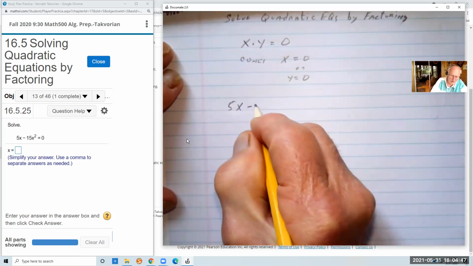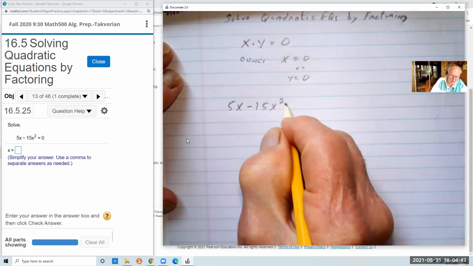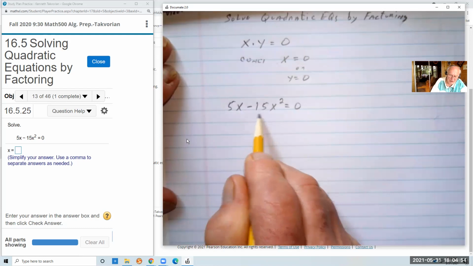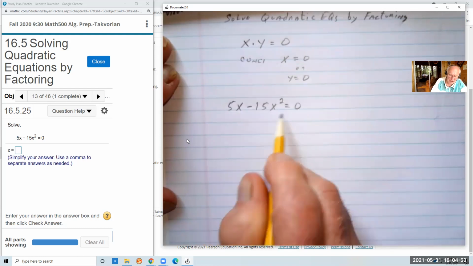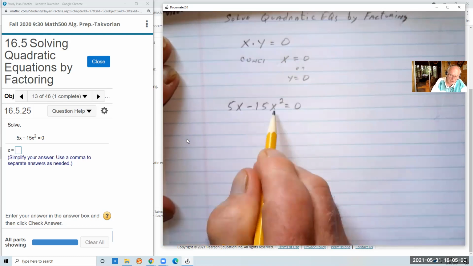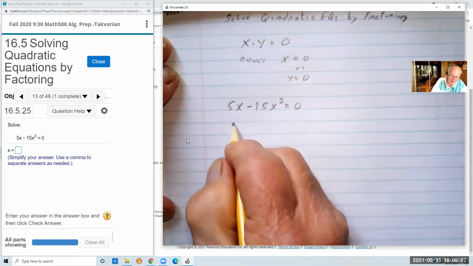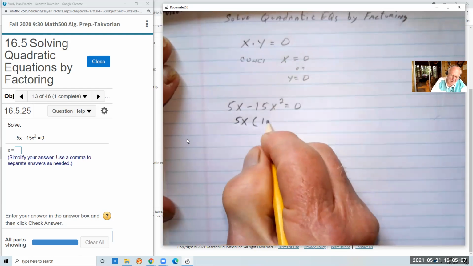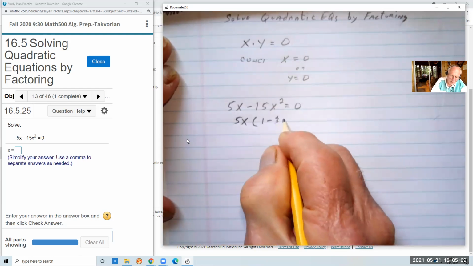5x minus 15x squared equals 0. We cannot draw a conclusion about a difference equaling 0, but we can draw a conclusion about a product equaling 0. Notice we have a common factor of 5x, and therefore I'm left with 1 minus 3x.